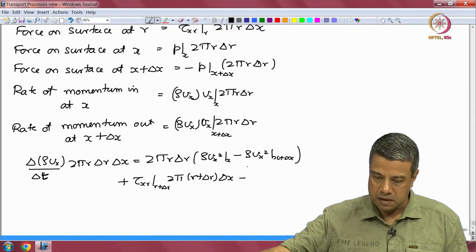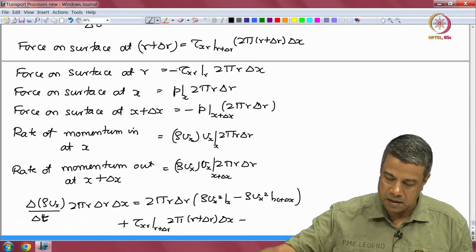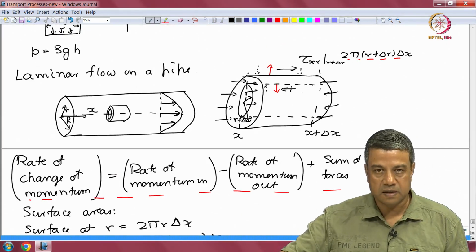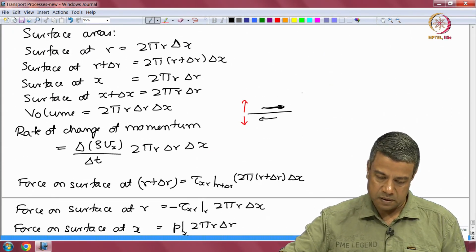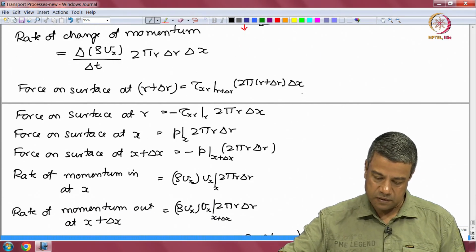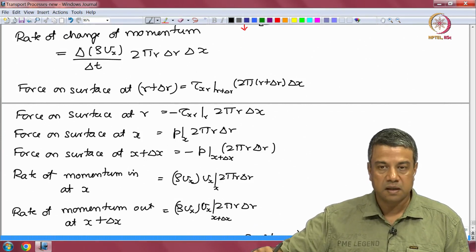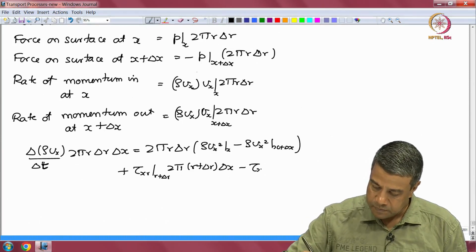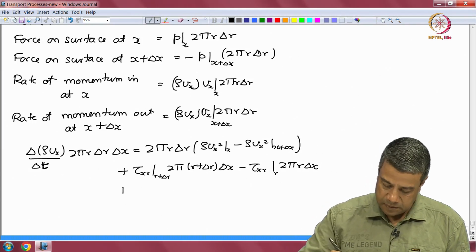Force on the surface at r, that you recall was in the negative direction, as I had said. At this surface the force is acting in the negative direction because the unit normal is in the opposite direction. So kindly note that the force acting at the surface at r, because the outward unit normal is in the minus r direction, is minus tau x r into 2 pi r delta x.